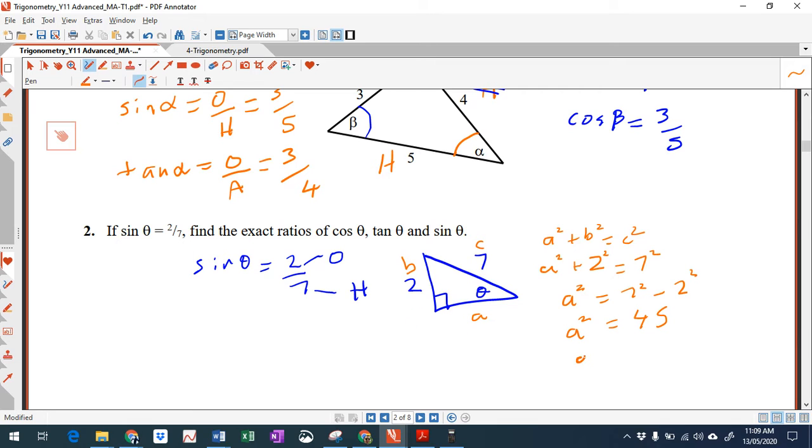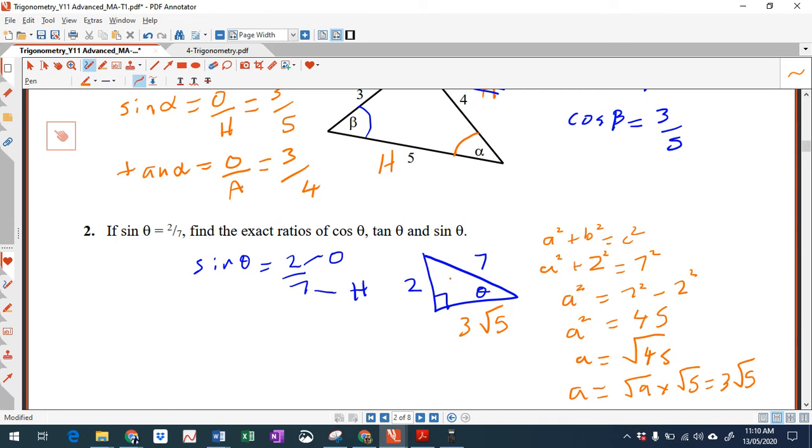So a is equal to the square root of 45, which we can change using surds. That's going to be root 9 times root 5, which is just 3 root 5. So that means we can update this side. This side is 3 root 5. We'll just rub out the other sides.